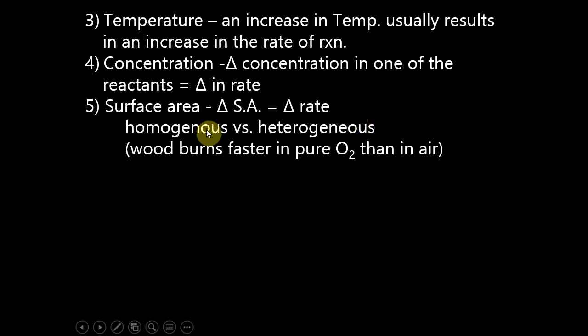If you have a homogeneous solution versus a heterogeneous mixture, that also has a tendency to have an effect on the overall rate. So if I take, for example, a piece of wood in a campfire, it takes a while to burn. But if I blow pure oxygen in there, then the wood burns a whole lot faster.